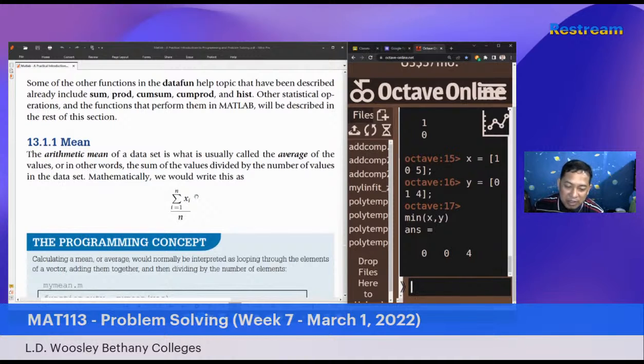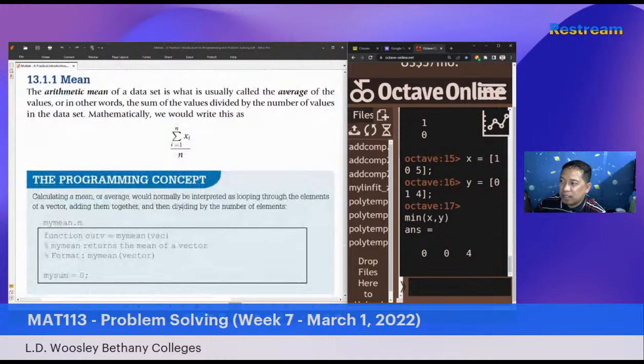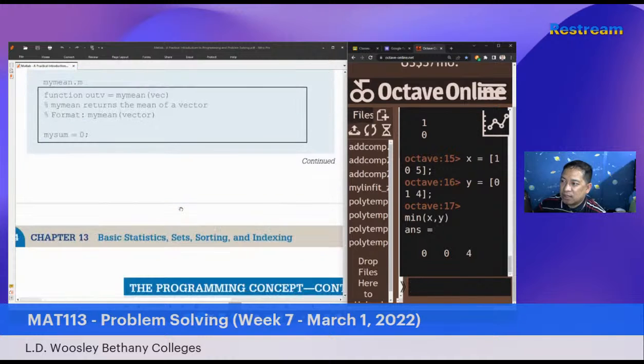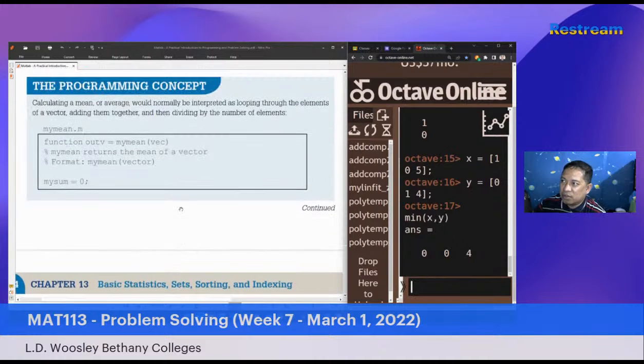Now, if you have the frequency, you could always correspond to the frequency. So pwede yan, lagyan ng frequency kung yan ay grouped data. But this is basically ungrouped data. Now, we could leave out this programming concept, sooner or later na siguro yan, regarding how to create your own mean function.